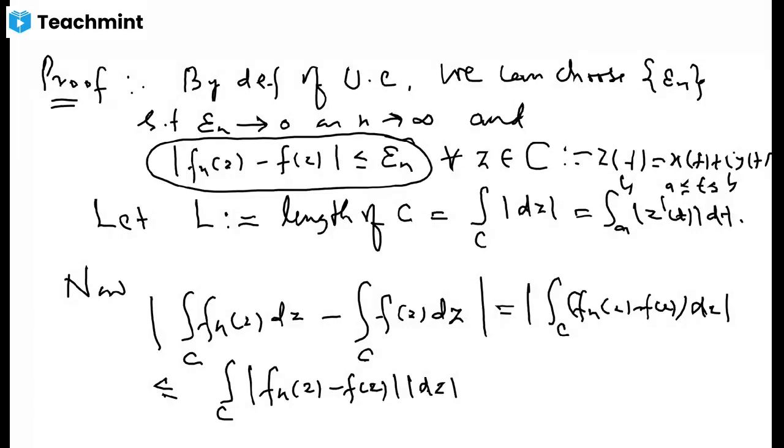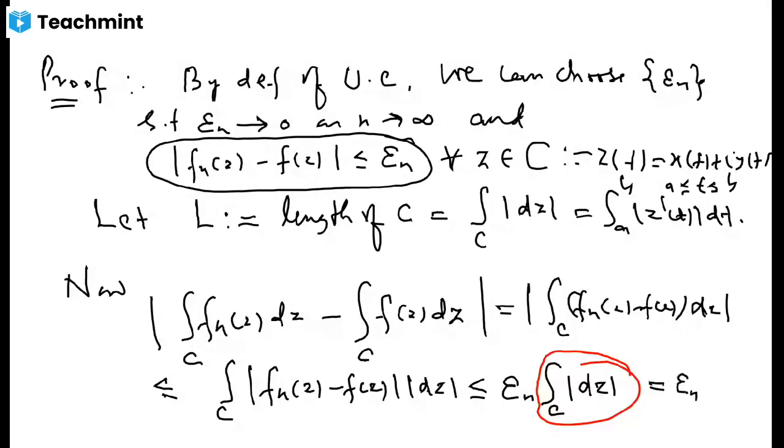So this is less than or equal to epsilon n times the integral over C of mod dz. What is left here is the length of this arc curve C, so I can write it as epsilon n L. This is the ML estimate I'm using here, that was discussed yesterday.